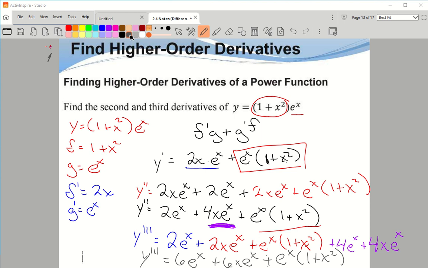So I hate cramming stuff in the bottom of the screen, but I wanted to have all those on one page so we could see my first derivative, second derivative, and third derivative all combined together.